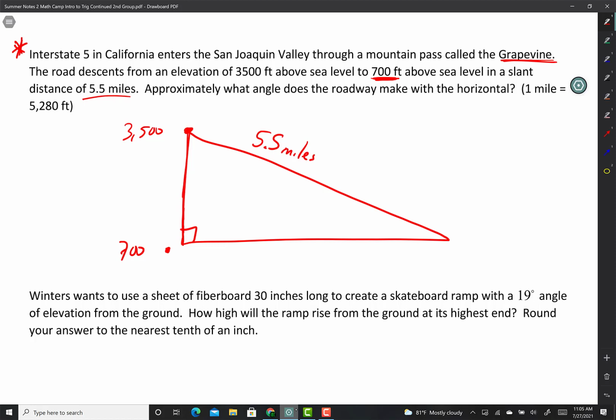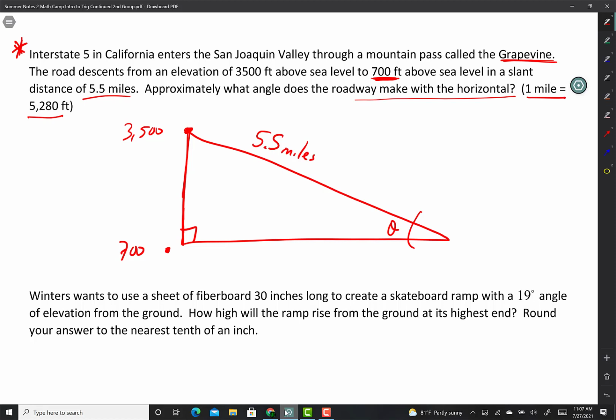And it wants to know what angle the road makes with the horizontal. Well, there's my horizontal line, so they must be talking about that angle there. That makes sense, guys? And then they're nice to us. They told us that 1 mile is 5,280 feet. Did you guys know that?